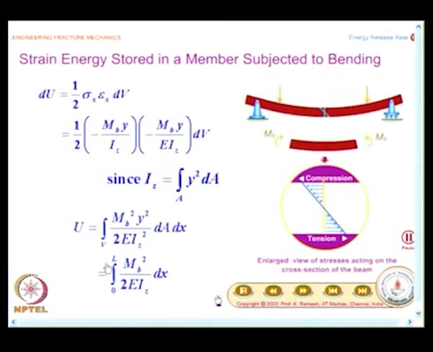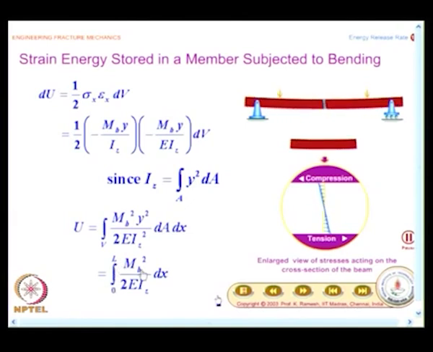So, what you finally get is strain energy stored in the member due to bending is integral 0 to L M b squared over 2 E I z dx. We are really talking about slender members. When you say slender member, the cross sectional dimensions are much smaller than the length. In fact, a variety of practical problems could be modeled as slender members to make your life simple. So, it is very important from that point of view.